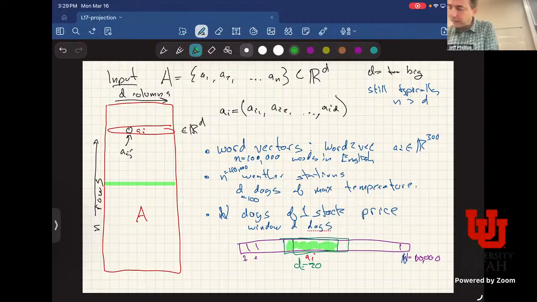So this will now have some overlap. This window is a_(i+1). Okay, so I'm going to take consecutive days that are shingled on top of each other. And each consecutive set of D days would be 1 row in this matrix.